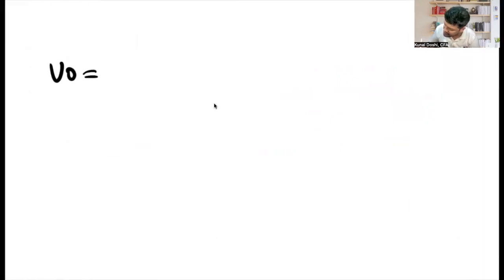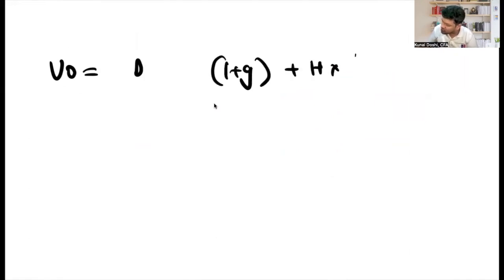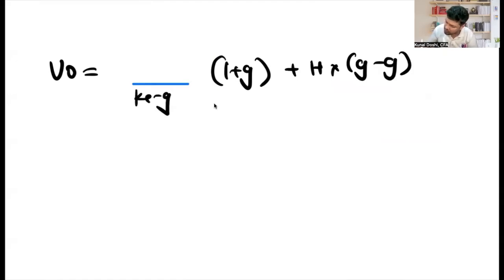My V0 is D0 into 1 plus long-term growth rate, plus H into short-term minus long-term growth rate, all of this divided by cost of equity minus growth rate. This is my formula shortcut.